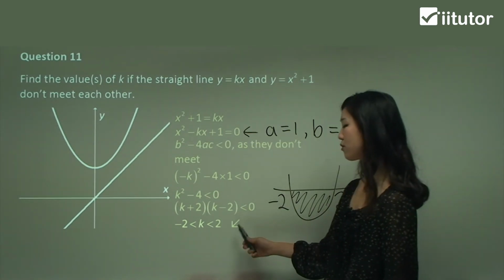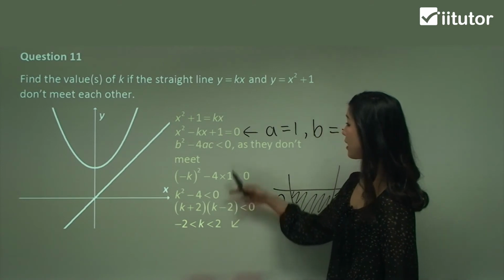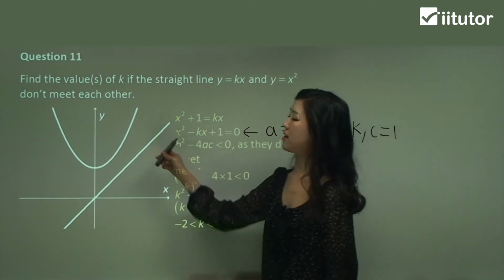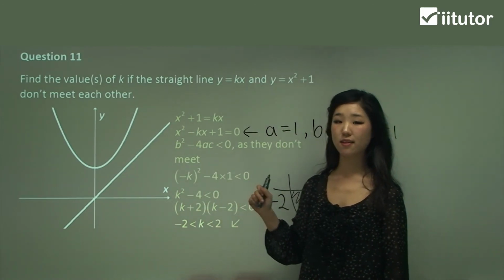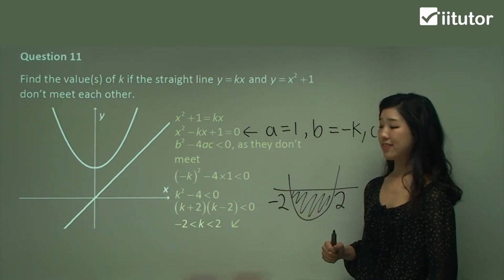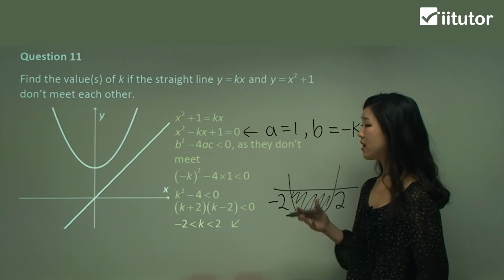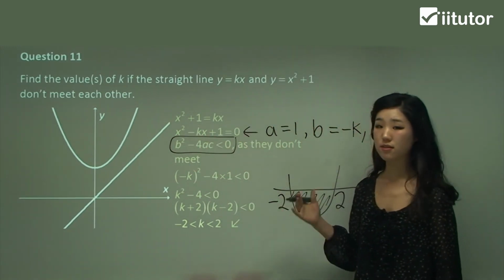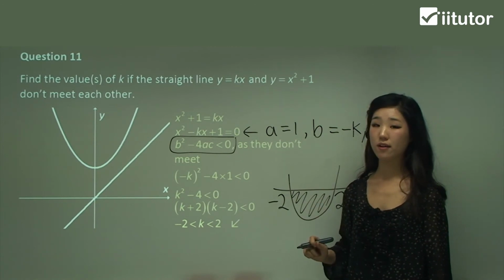Okay, that's the solutions or values for which k can be, in order to make no intersections between these two lines. Alright? That's it. That's the answer to question 11. The key thing here was that b squared minus 4ac, the discriminant, was less than 0 since they don't meet each other.